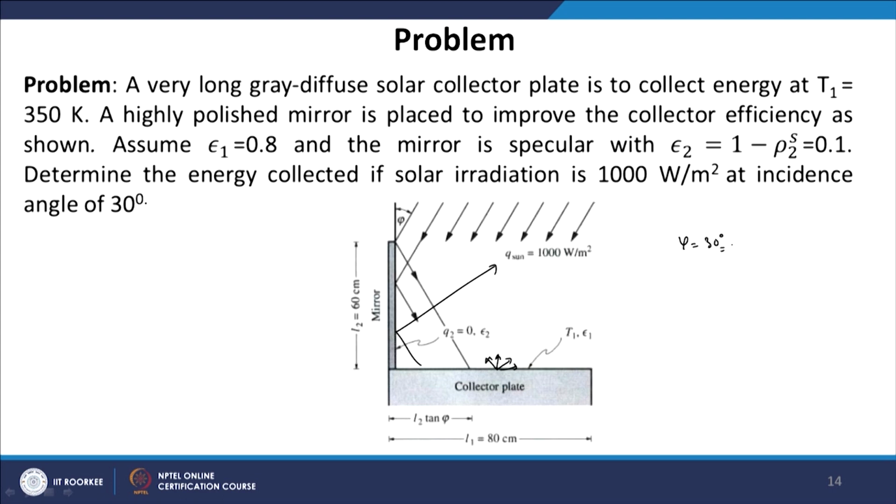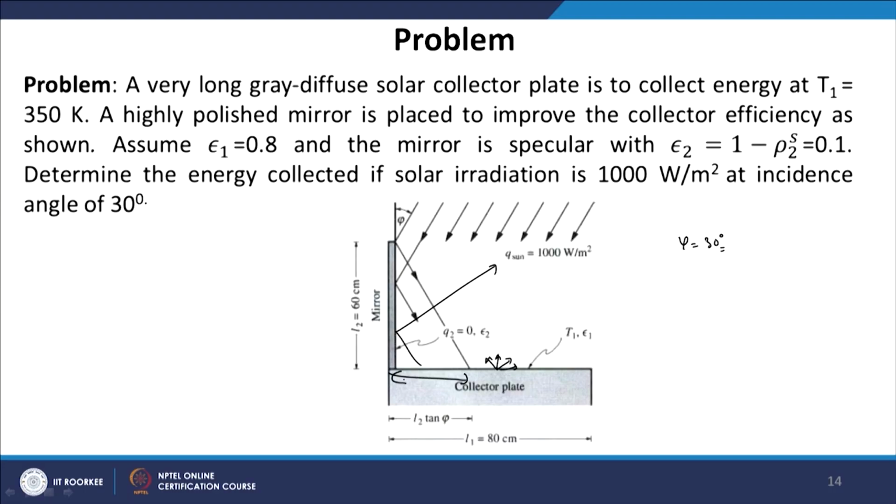Okay. Now, one more thing that is needed in the evaluation of H naught 1 s. H naught 1 s includes the direct radiation from the sun plus anything that is reflected from the mirror. Now, the mirror, after reflection, will not reflect the radiation on the entire collector plate, only this part of the collector plate will receive radiation after reflection.